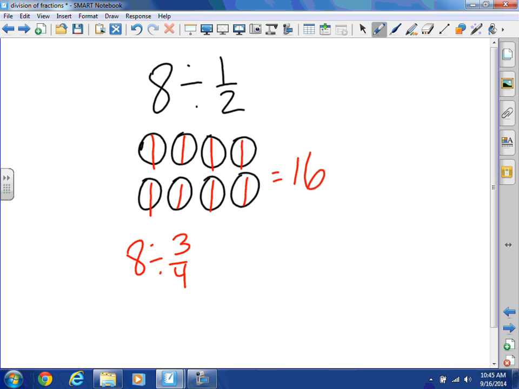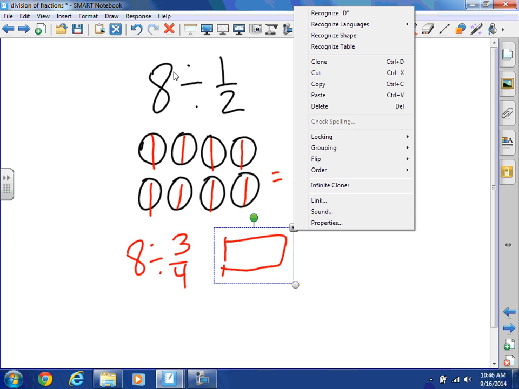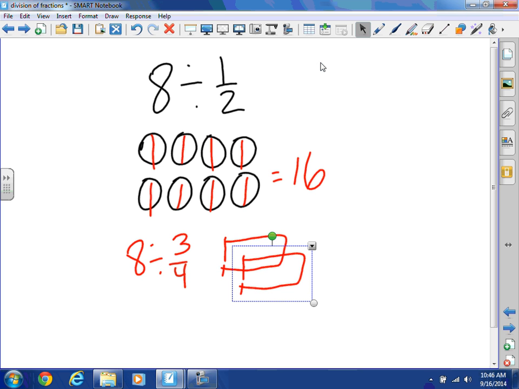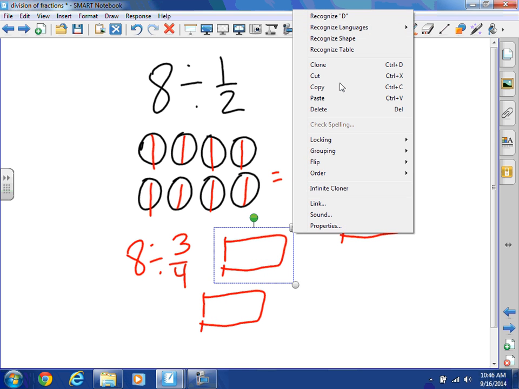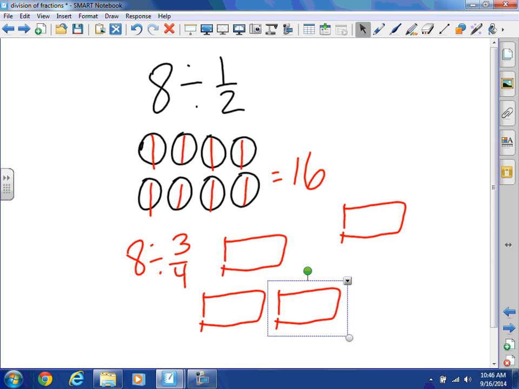If this was 8 divided by 3/4, so here, if I drew 8, that's 1. And what I'm going to do is I'm just going to clone it to make it go faster. So clone. So that's 2, that's 3, clone, that's 4.